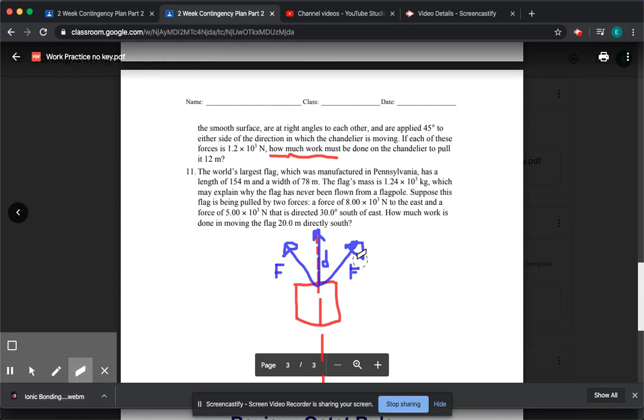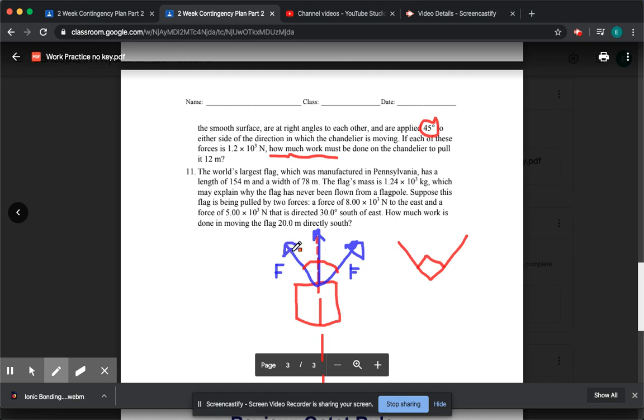Okay, and I'm going to erase the D real quick just so I can have more space. And what they're saying is that these two angles right here, both of those angles are 45 degrees. And if both of them are 45 degrees, that means that little V shape that you have right there is your 90 degrees to each other.